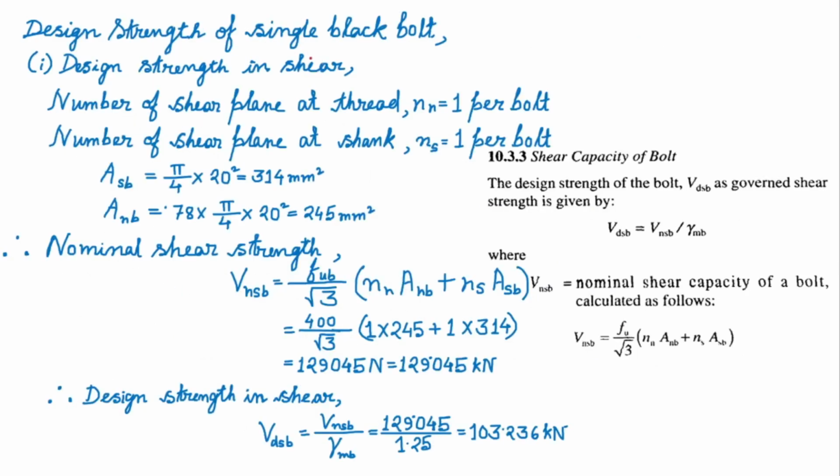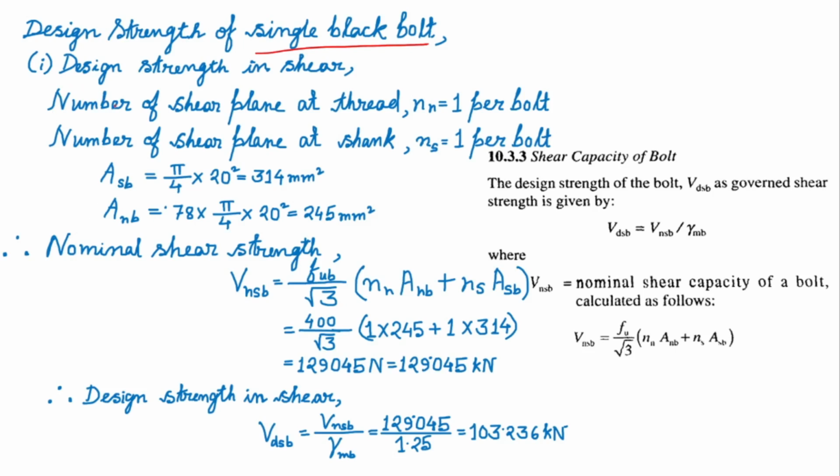design strength of single black bolt, which we have already covered in the design of bolted connections. If you have not seen the video, it will also be available at the I section of this video. Also I will give the link in my description box.